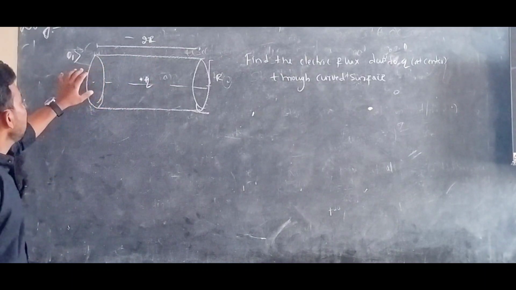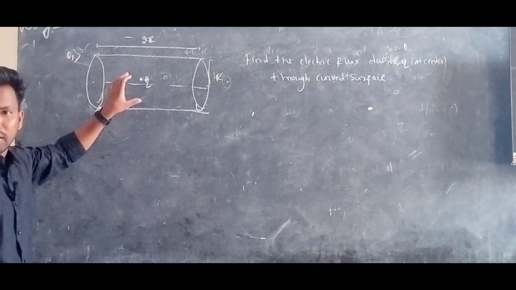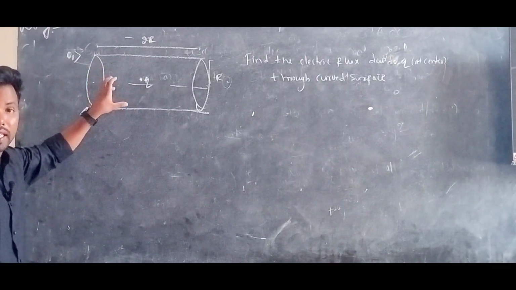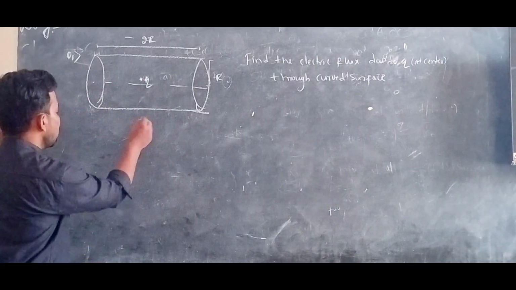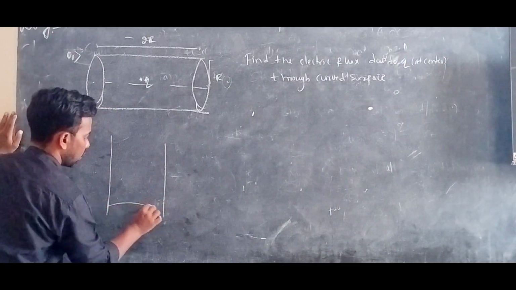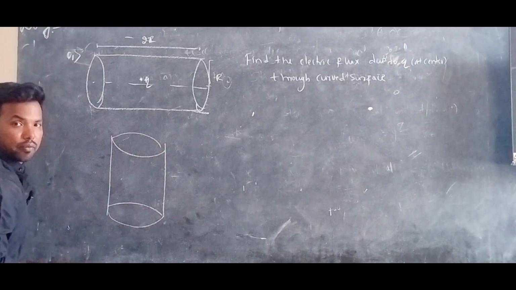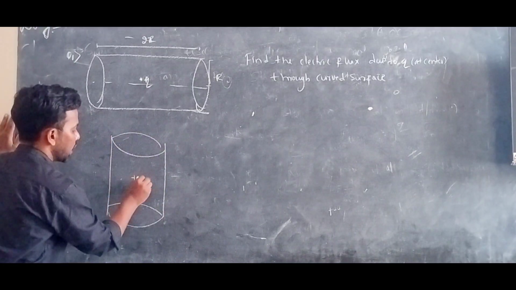So here we know the electric flux of the cylinder is q by epsilon, and we already calculated it. Here plus q is placed.